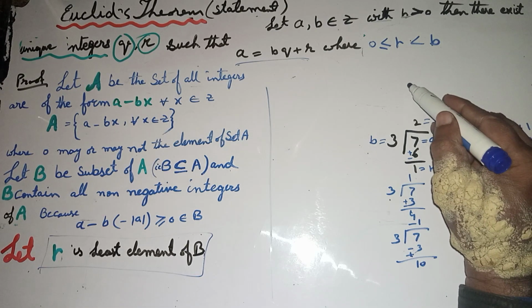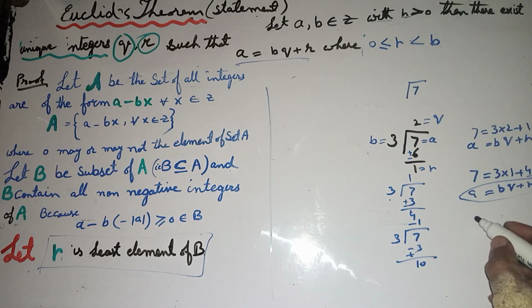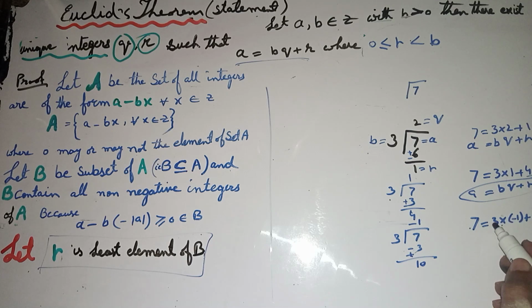Also, someone says if I count the table, this can also be written as 7 is equal to 3 multiplied by minus 1 plus 10. When you subtract 3 from 10, 7 is equal to 7.